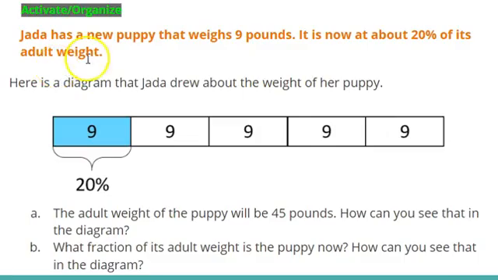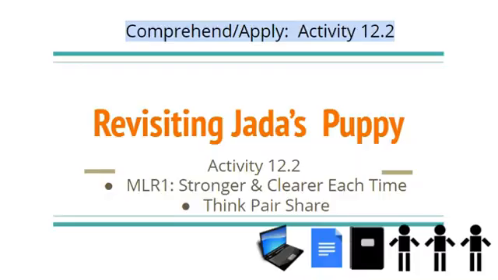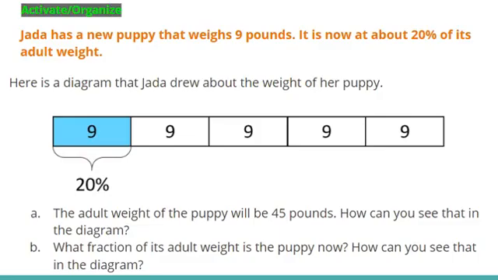Let's bring back Jada's puppy here. Before, we talked about how the puppy weighed 9 pounds right now, and that was 20% of its adult weight. Here's a diagram that Jada used to figure out what the puppy would weigh. The adult weight of that puppy is going to be 45 pounds.